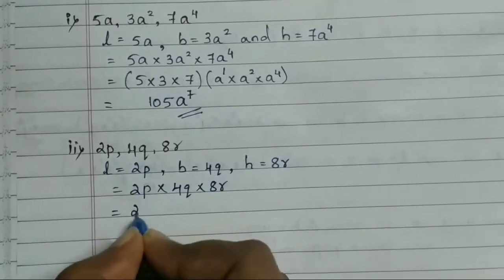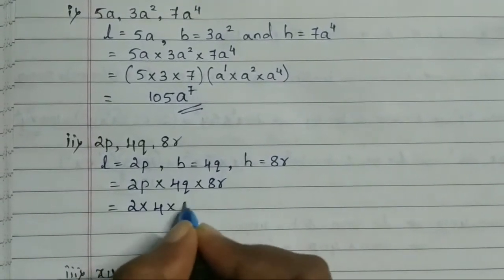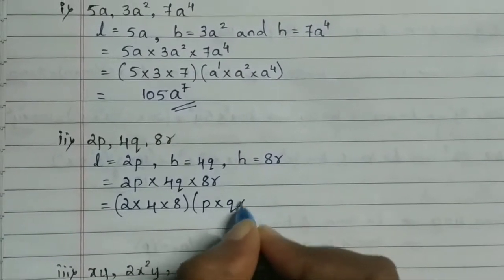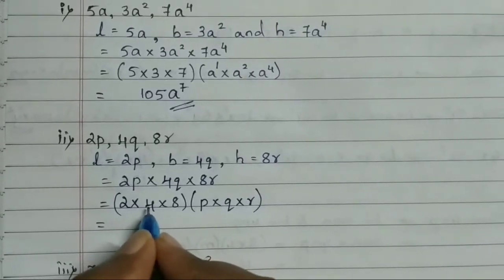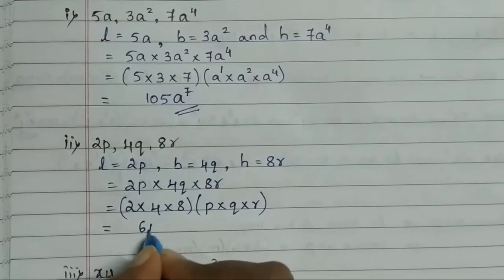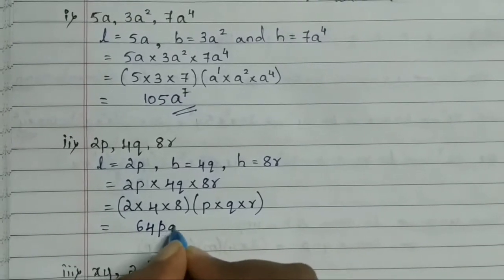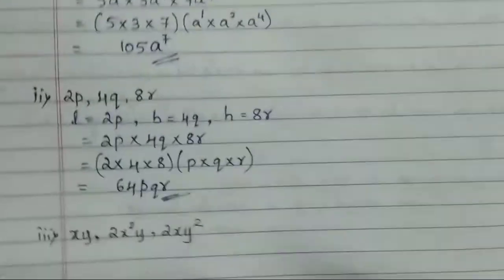In case of multiplication we will separate the numerical terms and the alphabetical terms, that is p, q and r. 4 2s are 8, 8 8s are 64 we are getting, then p, q and r multiplied: pqr. So this is the answer here.